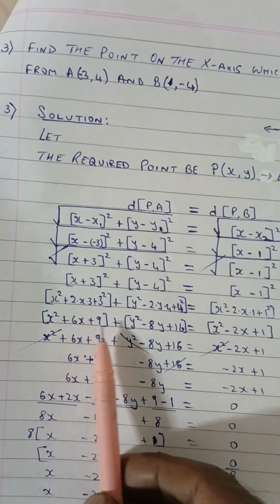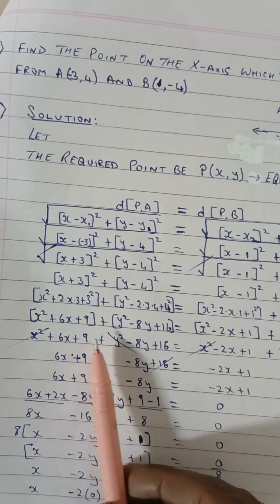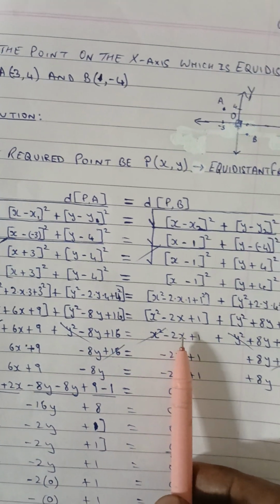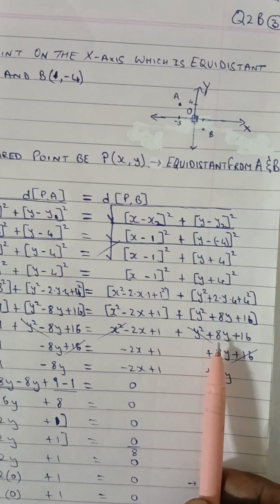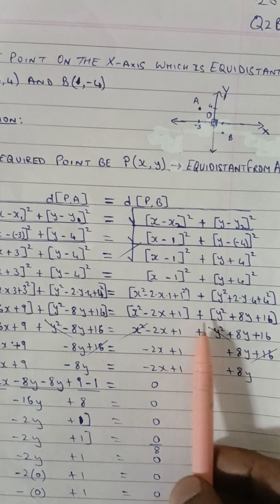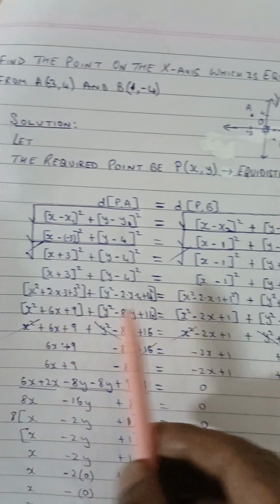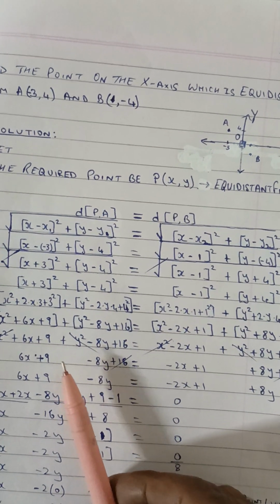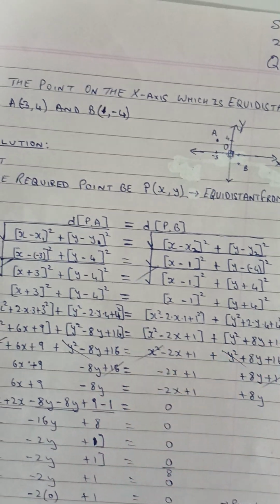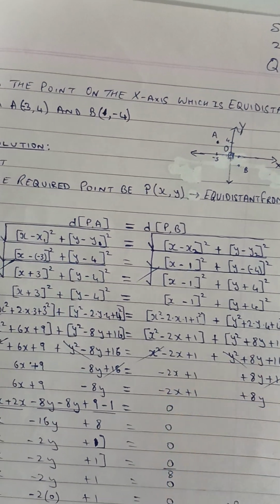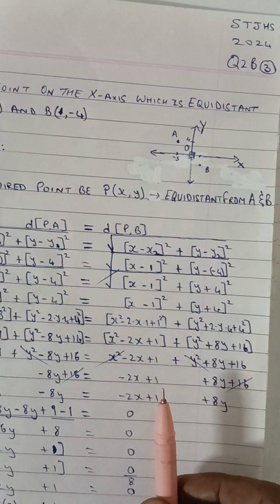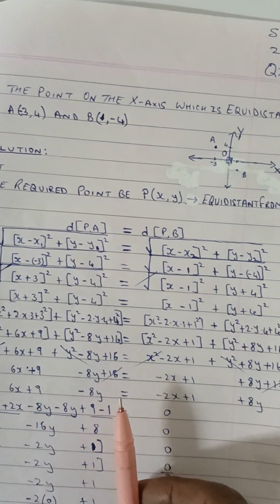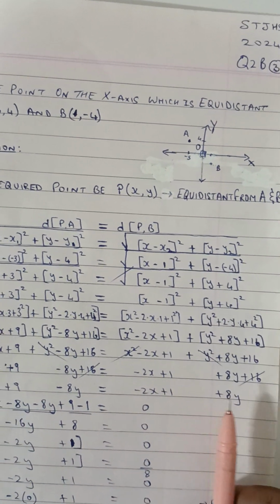Proceeding, I will open the bracket now. I'll get x square plus 6x plus 9 plus y square minus 8y plus 16 is equal to x square minus 2x plus 1 plus y square plus 8y plus 16. Cutting y square on either side and x square, left will be 6x plus 9 minus 8y plus 16 is equal to minus 2x plus 1 plus 8y plus 16. 6x plus 9 minus 8y equals minus 2x plus 1 plus 8y.